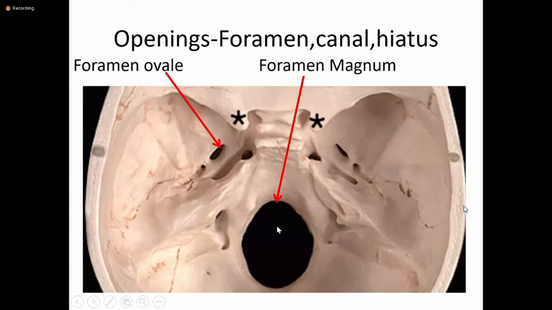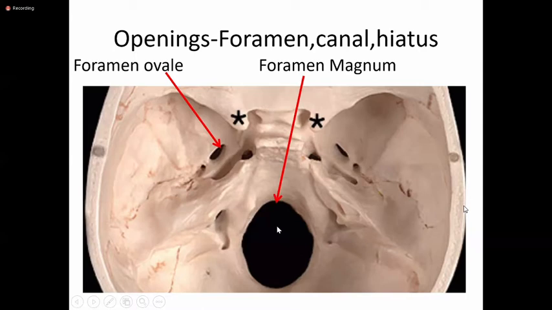So an example for this is the carotid canal, which is present in the mastoid part of the temporal bone. This is the carotid canal. This is the lower opening of the carotid canal, through which the internal carotid artery enters. Then it has different parts: ascending part, the transverse, and the vertical part.